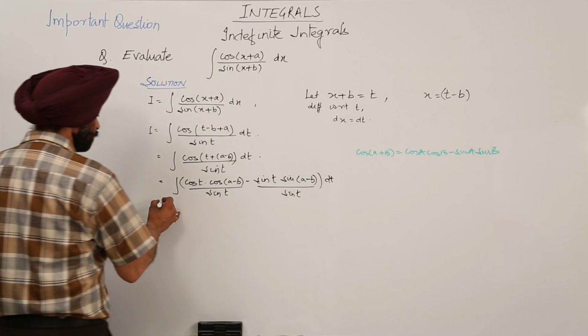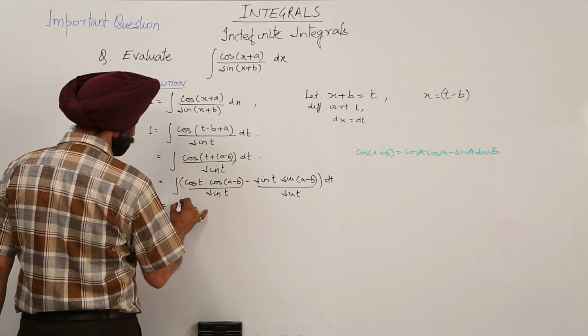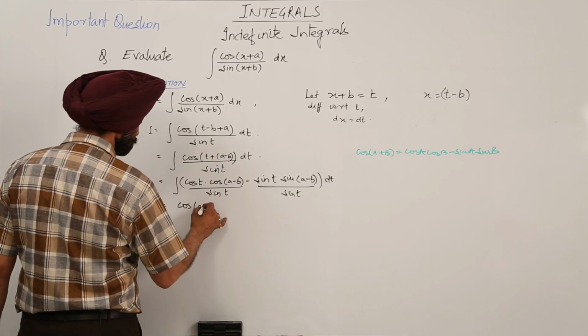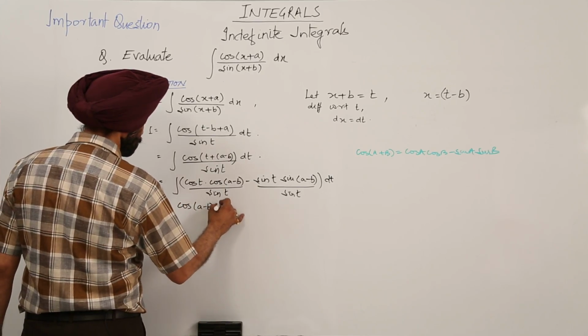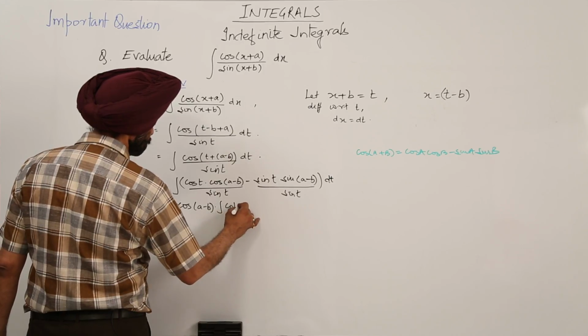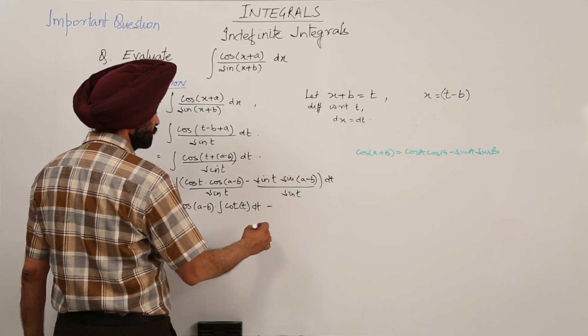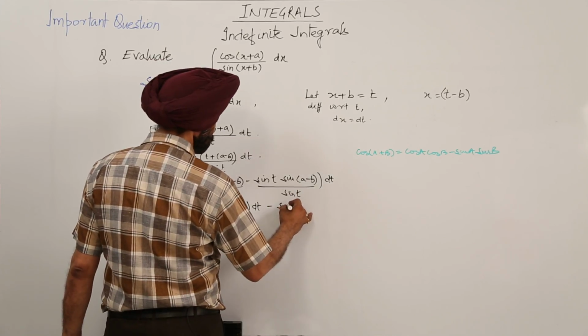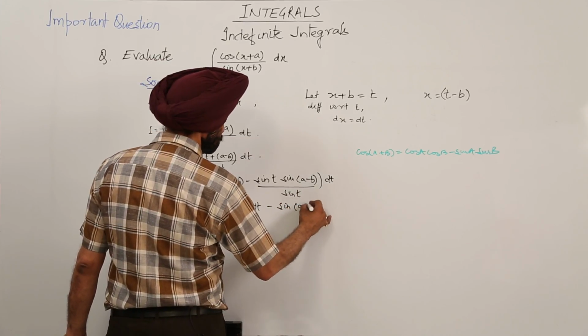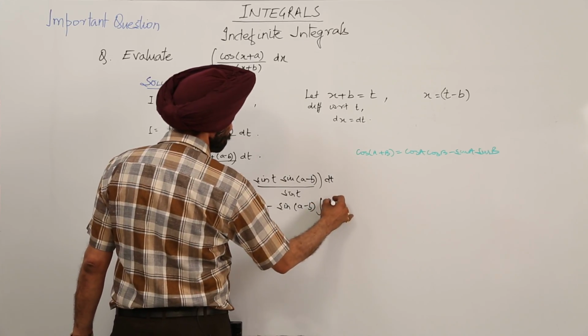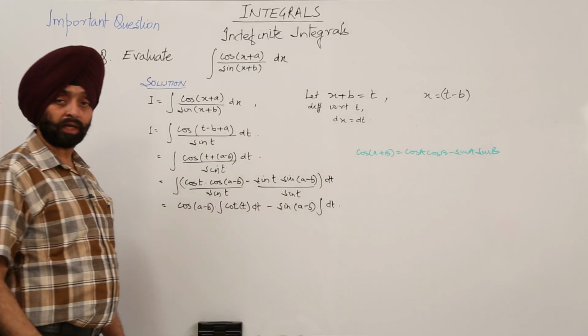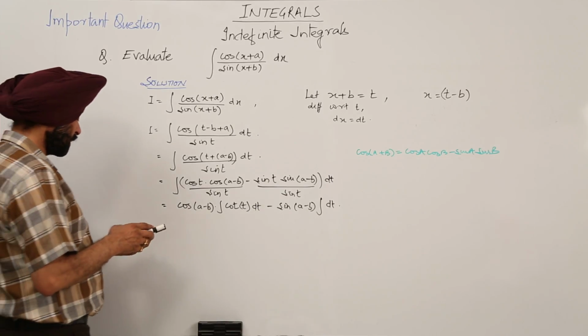So what are we left with now? We are left with cos(a - b) times the integration of cot t dt, minus sin(a - b) times the integration of dt, since sin t and sin t cancel.